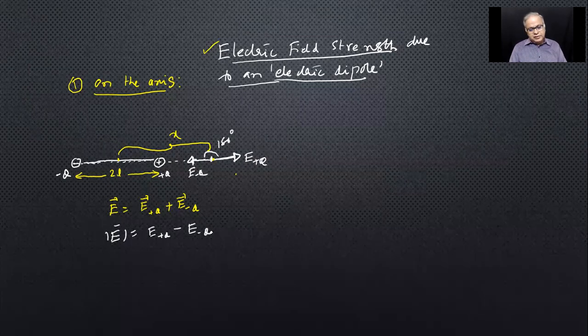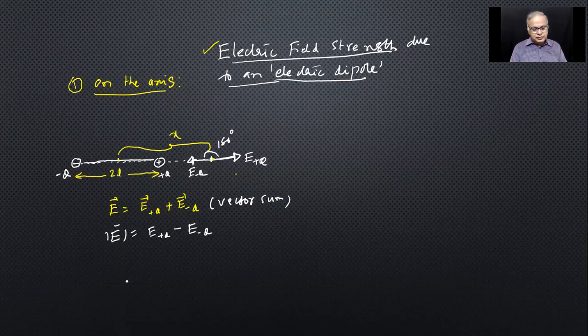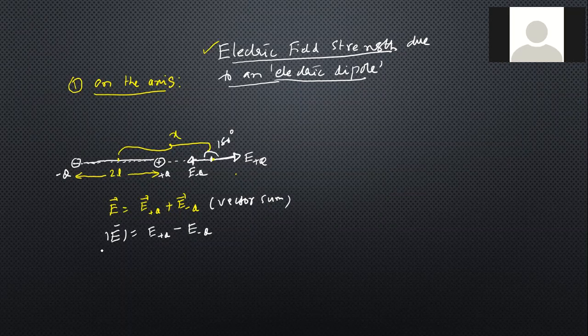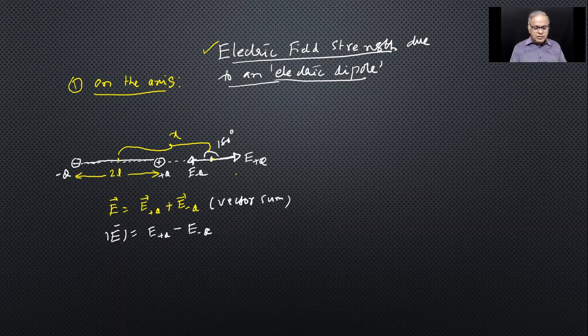This is a vector sum we said. You can straight away write in i j k form, otherwise only magnitudes you can take. If you remove this E bar, write i here also, it will be okay.